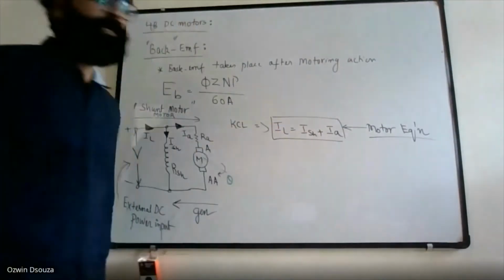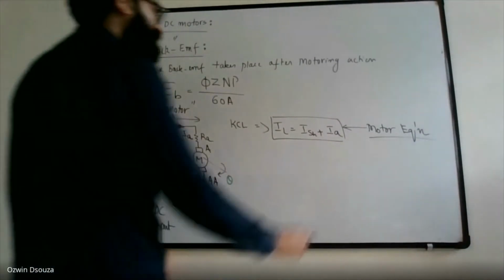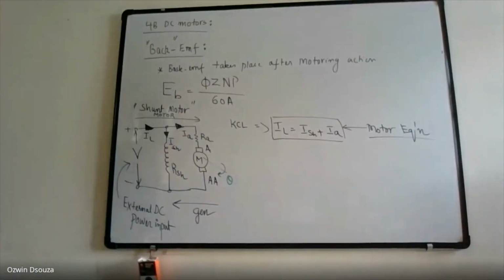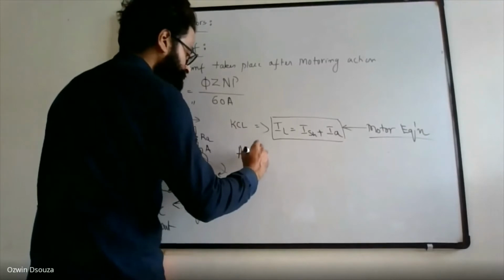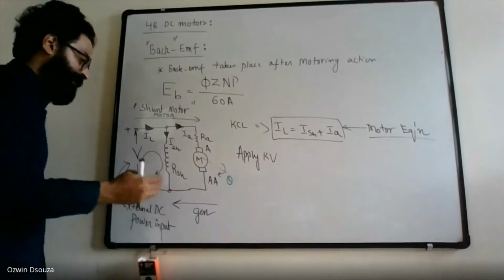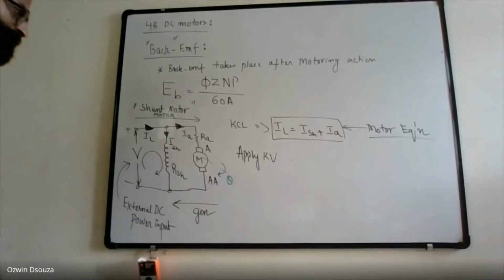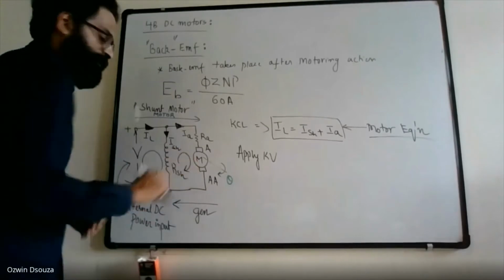In case of generator, Ia is equal to IL plus Ish. You have to observe. So opposite relations we will write for motor and generator. Okay. And you can also apply KVL. Okay. Let's apply KVL in this manner. In the clockwise sense, inside let us apply.